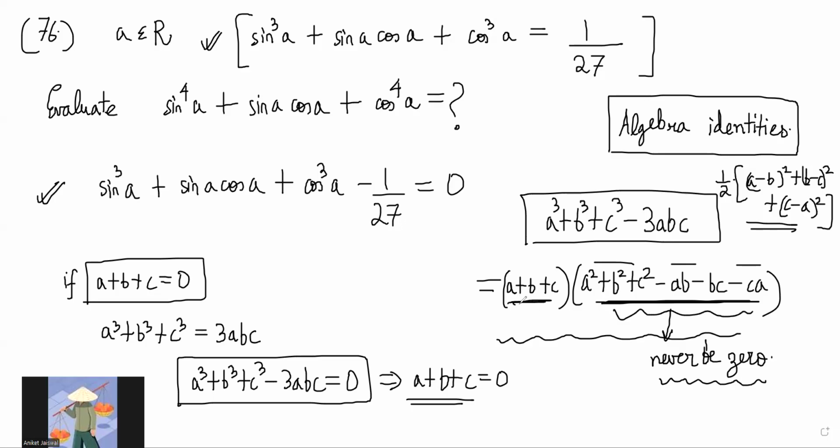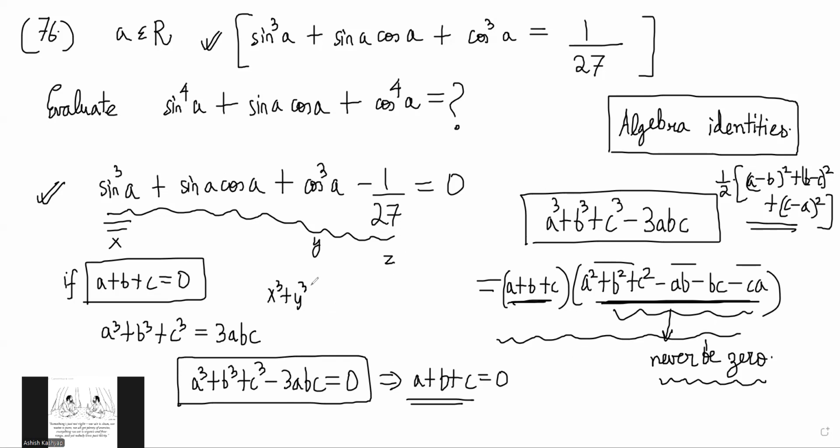Now this situation here is a cube plus b cube plus c cube minus 3abc is 0. Yes sir. Why? Because this is my x, this is my y, this is my z, which is minus 1 by 3. You have x cube plus y cube plus z cube minus 3xyz equal to 0.